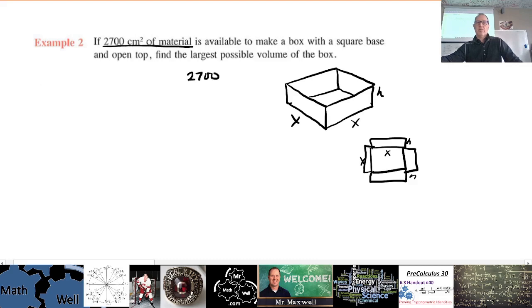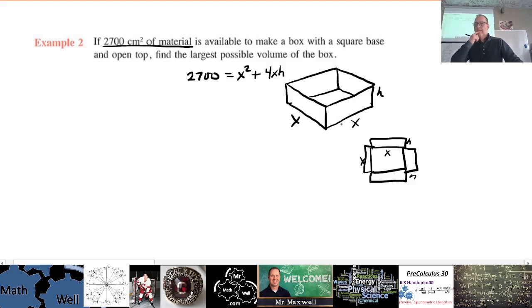So this is not going to be the equation that we're going to optimize, but this is part of the given information. So 2,700 has got to equal all of the surface area of the sides of the box. So that's going to be x squared plus 4 times x times h. That's the area of the rectangles on the side.